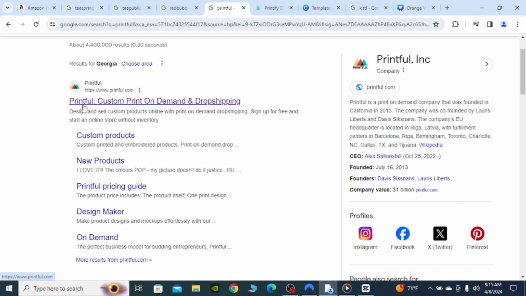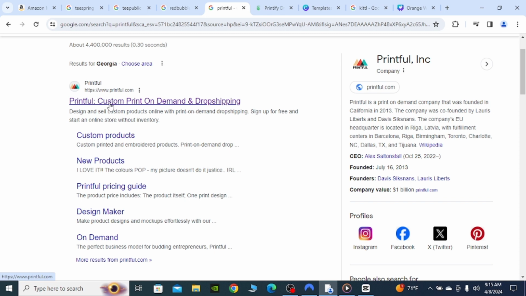You can upload your own design or your own brand name, and once you upload the design, you will see the prices as I explained before, the printing price and the delivery price.